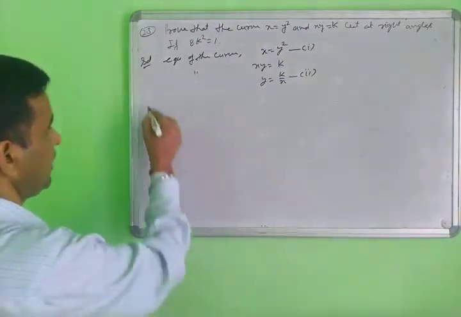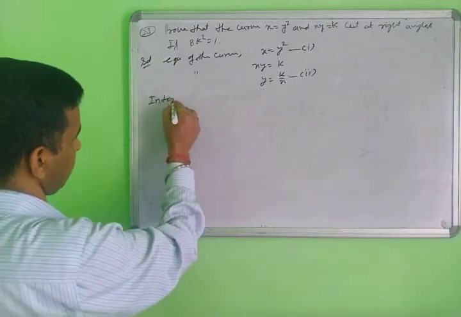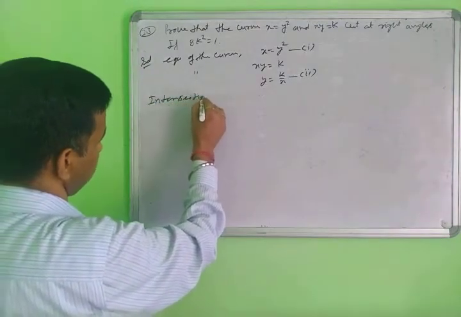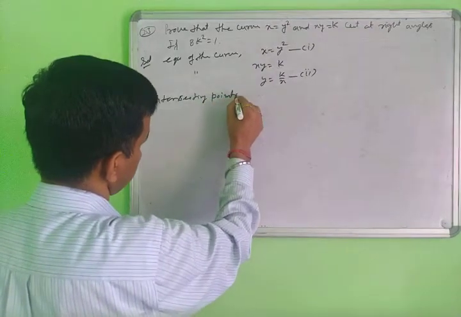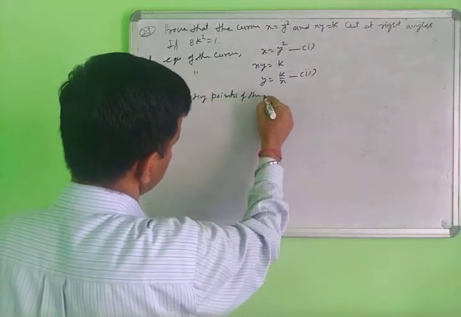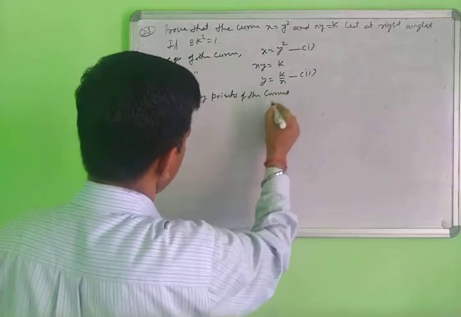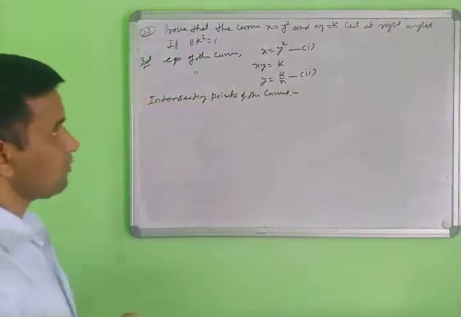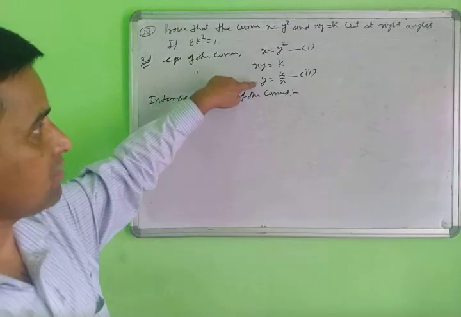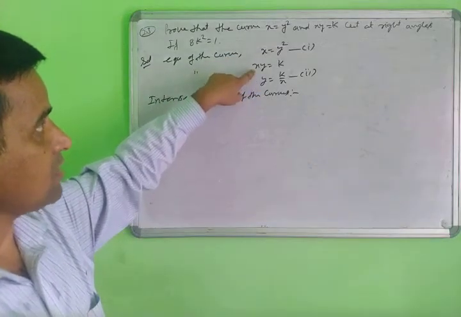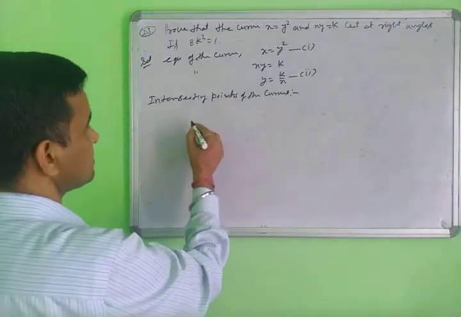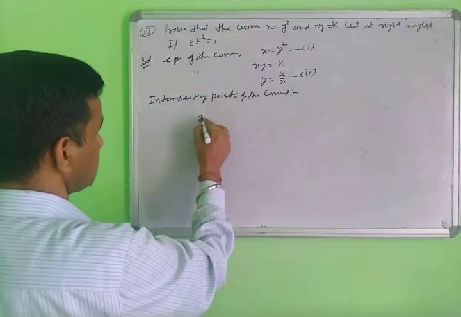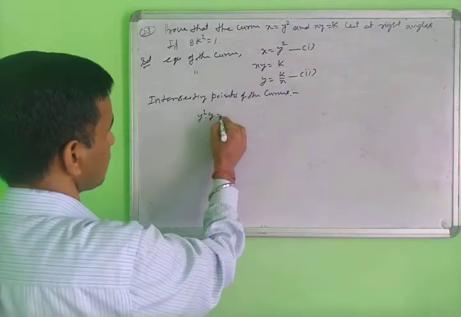So now, the intersecting point of the curves. From the first and second equations, what is the value of x? x is y square, so y square into y equals k.